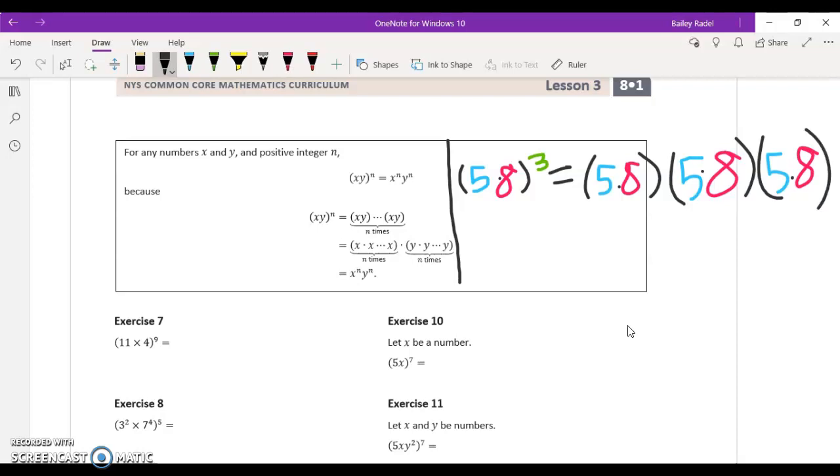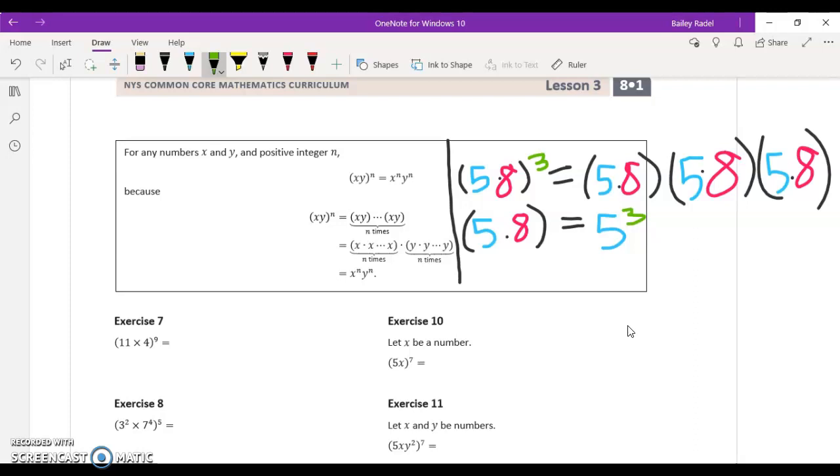And now we can copy down our problem, and we can count how many copies of 5s do we have and how many copies of 8s do we have. We have 1, 2, 3 5s being multiplied together. So let's write that as a base of 5 with an exponent of 3.